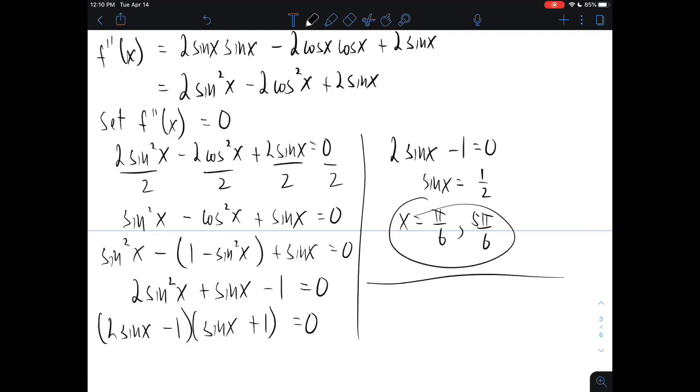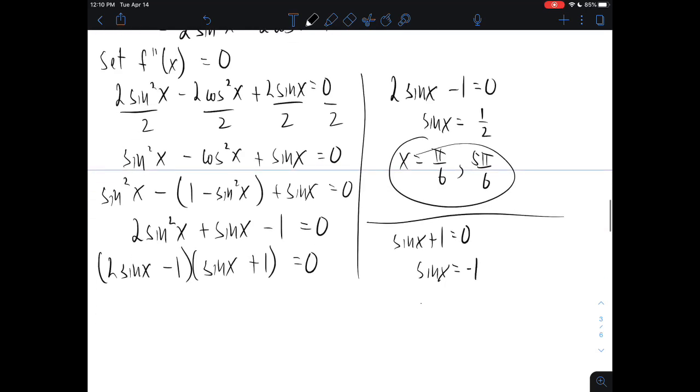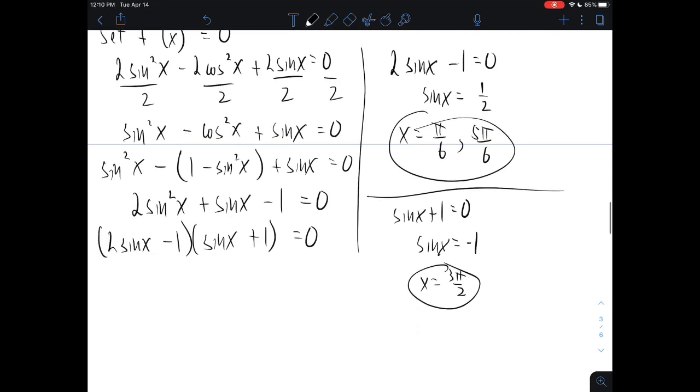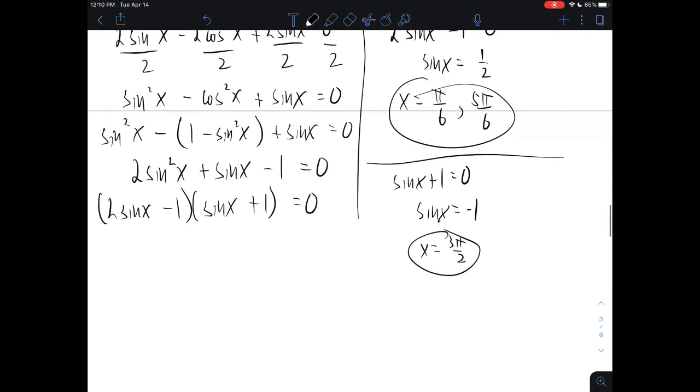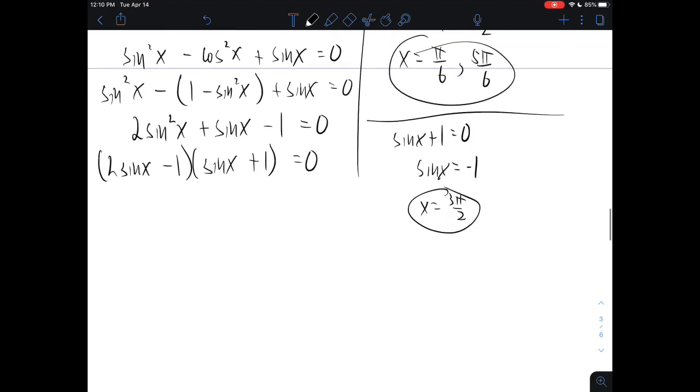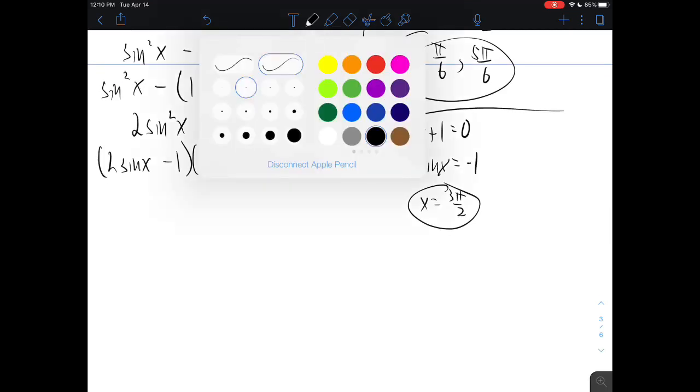And then my other factor, sine x plus 1 equals 0, means that sine x is equal to negative 1, which means that x is equal to 3 pi over 2. So that's another number that I'm going to need. Just like I did in the previous example, I'm now going to set up a chart using these numbers to split up my interval. So the interval that we had was from 0 to 2 pi.